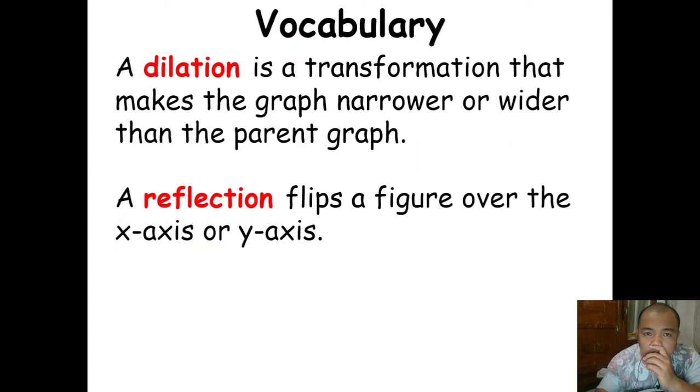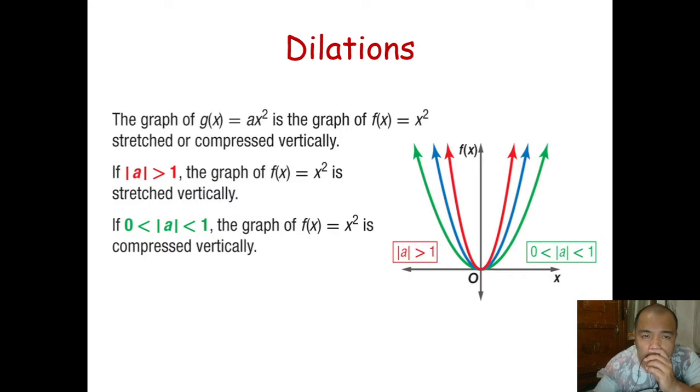How about dilations? Okay, dilation. We have here the dilation. The graph of g of x equals ax squared is the graph of f of x equals x squared stretched or compressed vertically. If the absolute value of a is greater than 1, the graph of f of x equals x squared is stretched vertically.